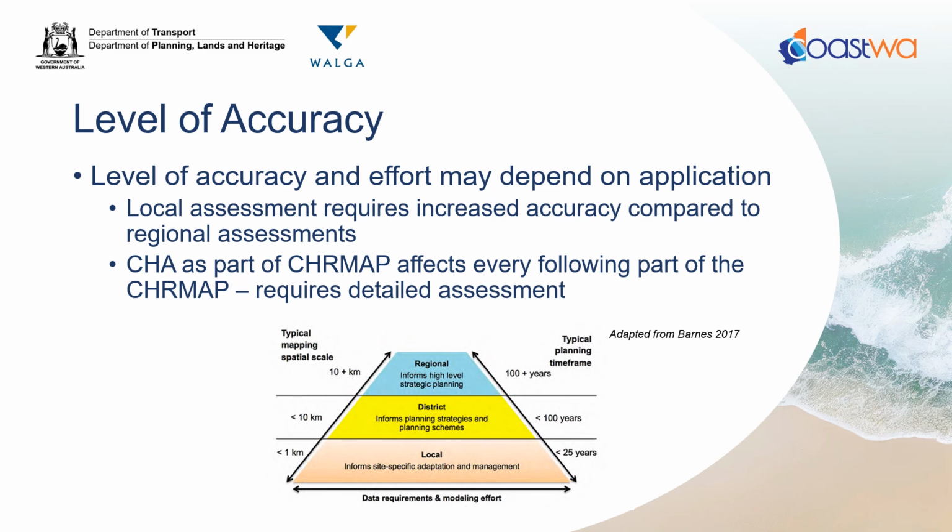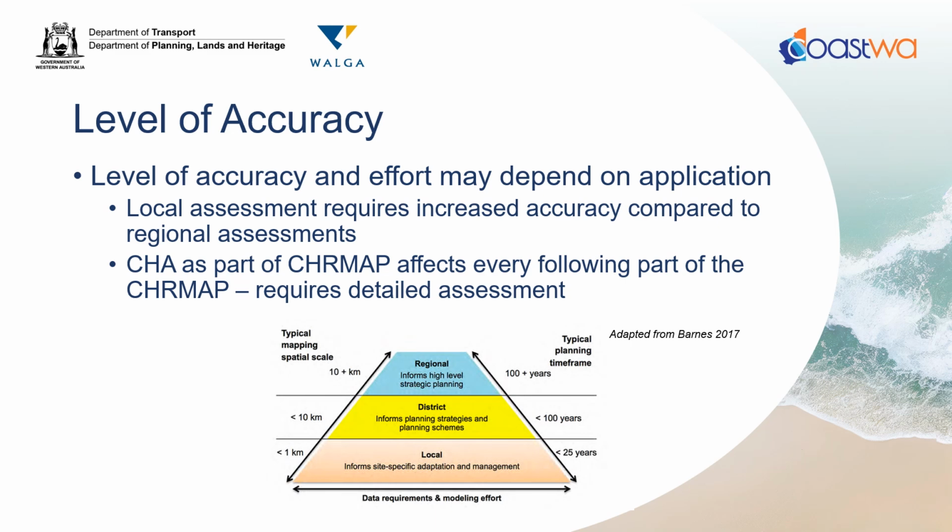The figure which is shown at the bottom here is from the local coastal hazard assessment template on the Department of Transport website, and just gives an indication that if you're looking over a short time scale and a short distance, so on a really local scale, then you might need more detailed data.